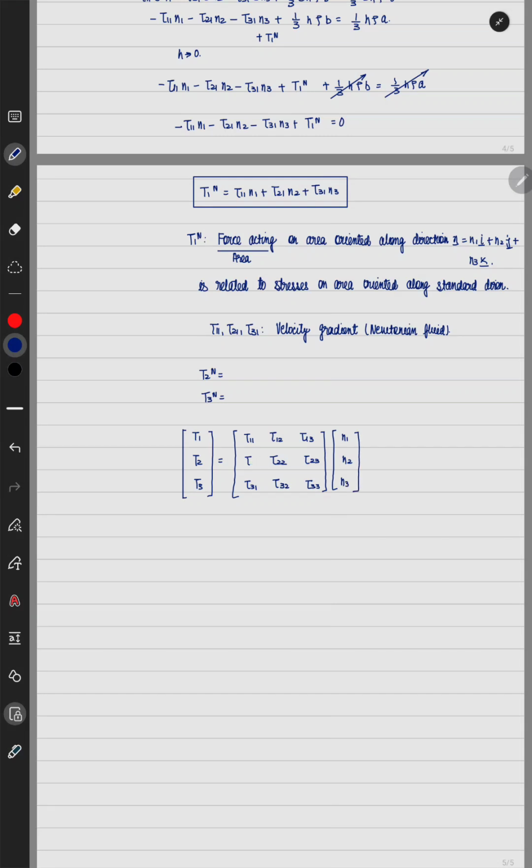Sorry, this from tau 12, this from tau 21.